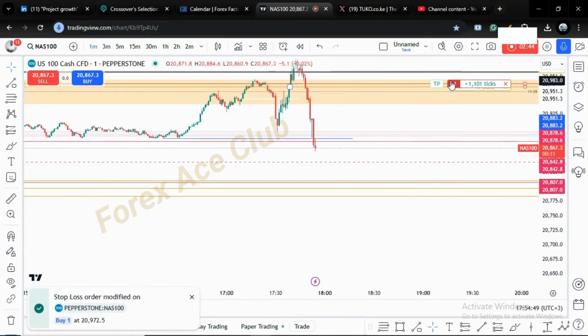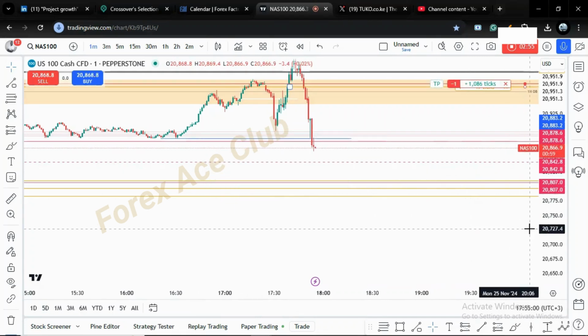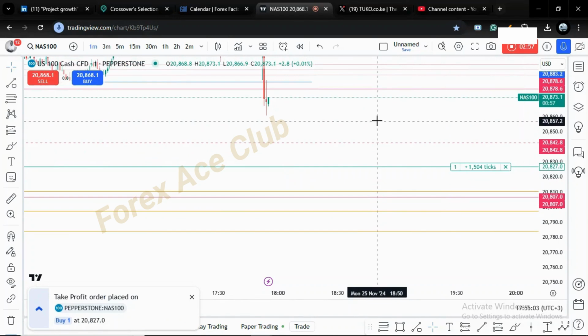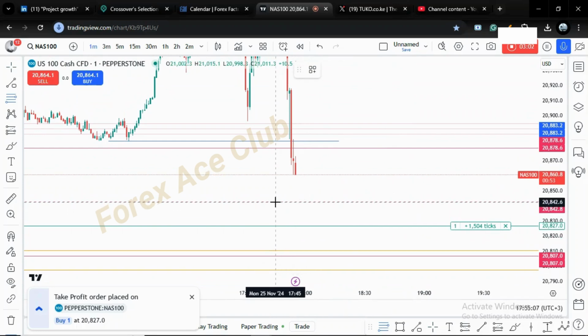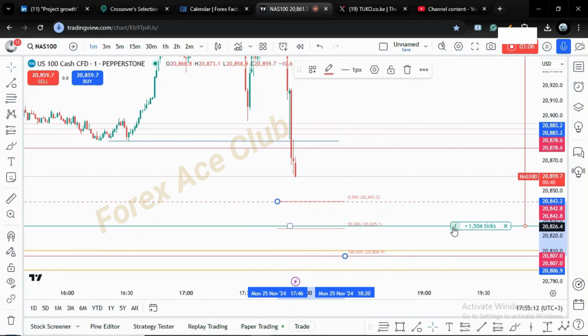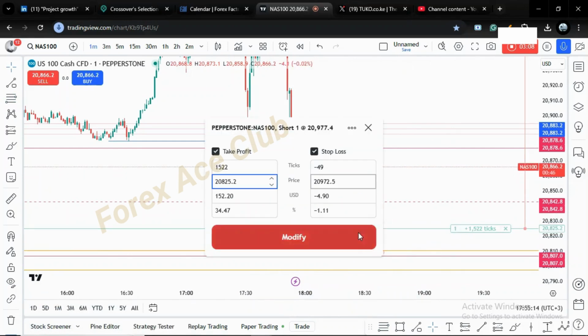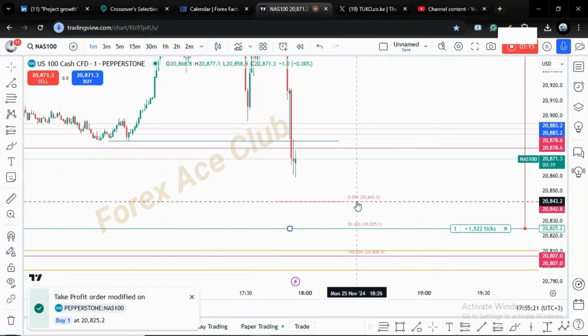So the target for my runner is that's the midpoint of the gap. I want it to be slightly below the midpoint of the gap. So I'm gonna have it at the 50% level of the lower quadrant of the gap. So it's around 152 ticks.